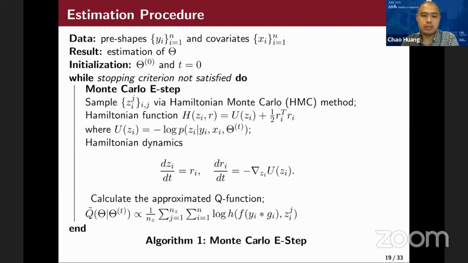In the Monte Carlo E step, we can use the Hamiltonian Monte Carlo method. We construct the Hamiltonian function, and then the Hamiltonian dynamic systems. Based on these dynamic systems, we generate samples which follow the conditional distribution of Z_i given X_i and Y_i. After that, with all these samples of Z_i, we calculate the approximated Q function. So this is the Monte Carlo E step.